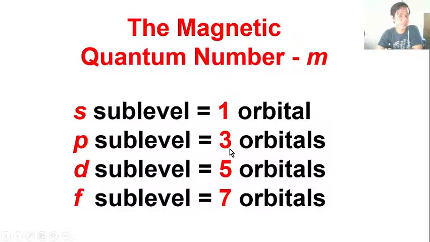Maximum number of electrons: per orbital, it holds only 2. So that would be 6. The d sublevel is 10, correct? And f has 7 orbitals. Each orbital can hold only 2 electrons, so it's a total of, yes, you got it right, 14 electrons.